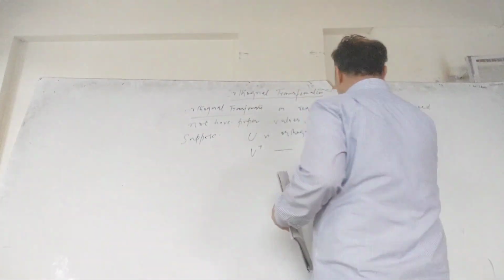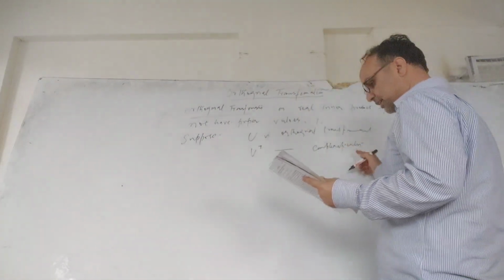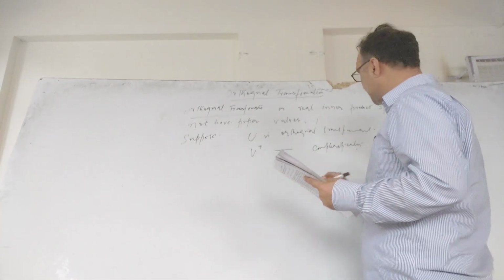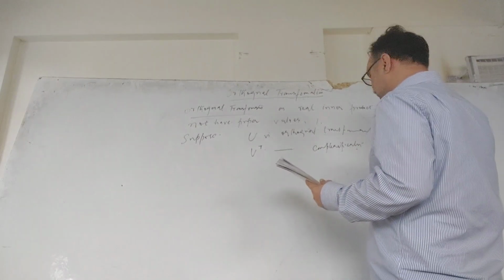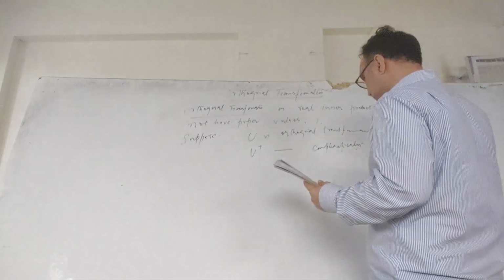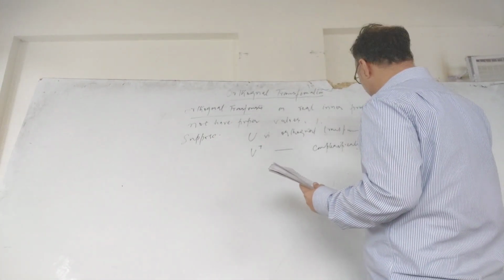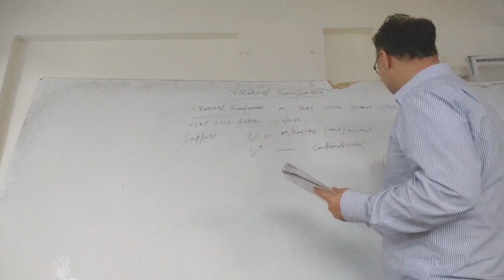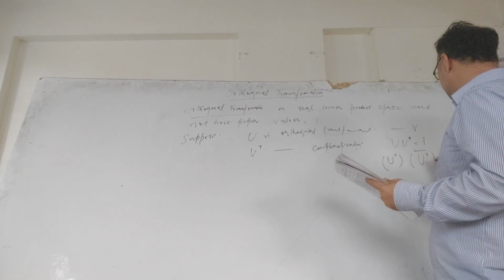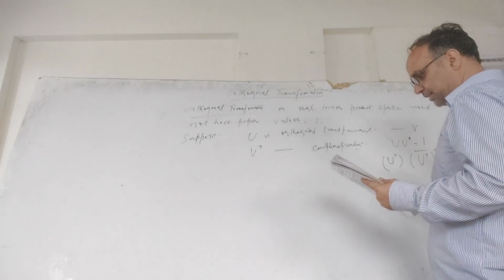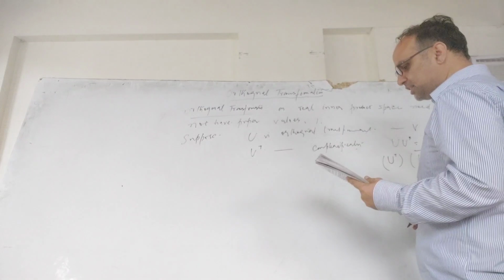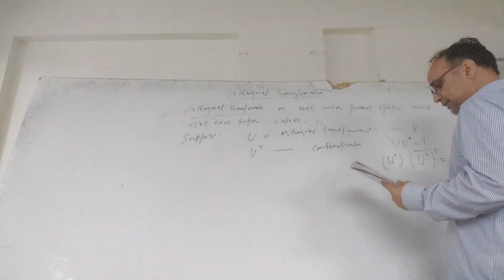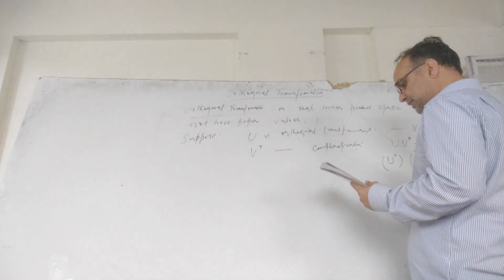So if U is an orthogonal transformation and U plus is its complexification, then U star U plus will also be the identity. This means U plus is unitary.